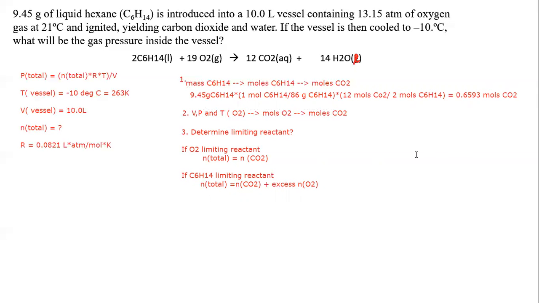Now we do the same thing for O2. We determine how many moles of CO2 are produced by O2. And so our volume is 10 liters. Our pressure is already in atmospheres. And temperature needs to be converted to Kelvin. So now we plug these in, we solve for the moles of O2.